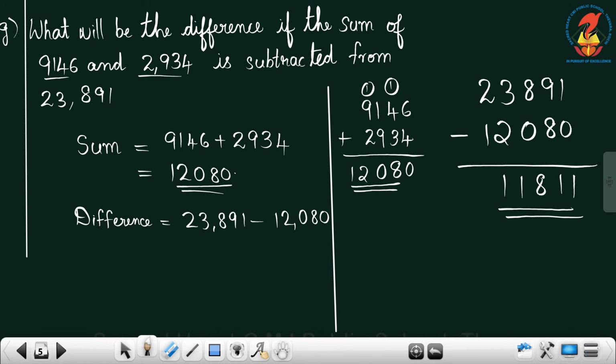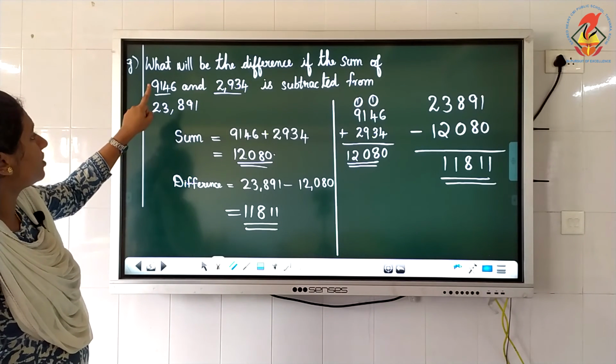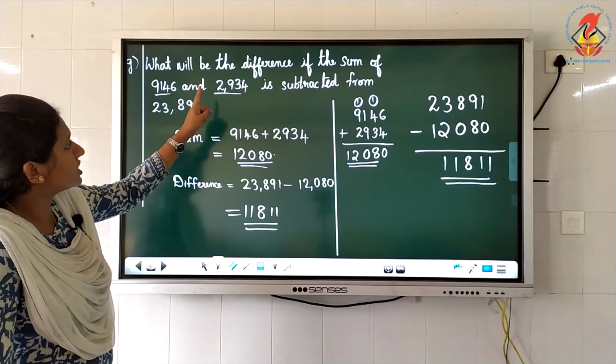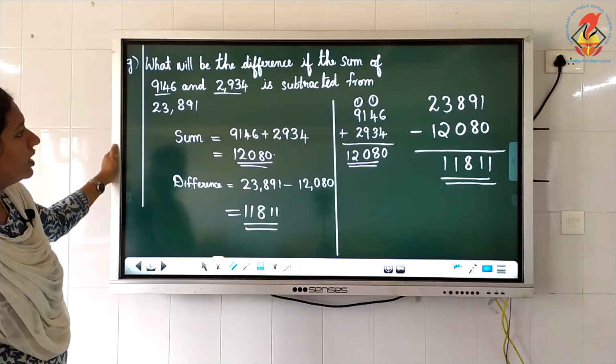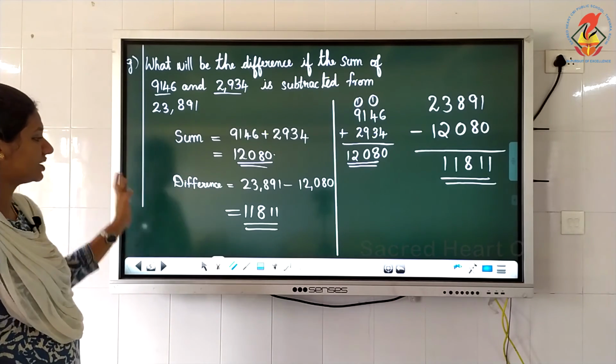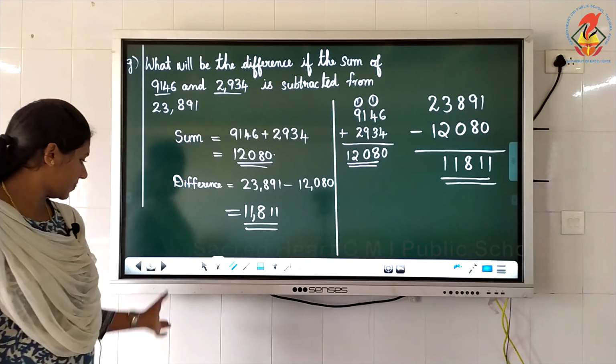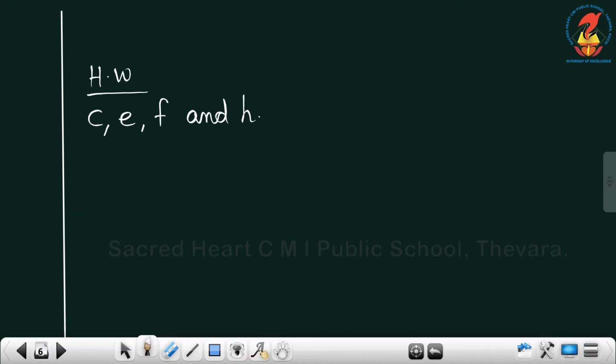So this is the difference. Answer is 11,811. Clear? What will be the difference if the sum of 9146 and 2934 is subtracted from 23,891? So answer is 11,811. So homework, we already discussed the questions C, E, F and H.